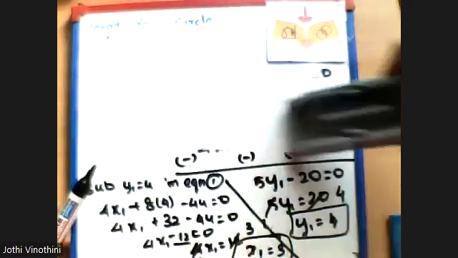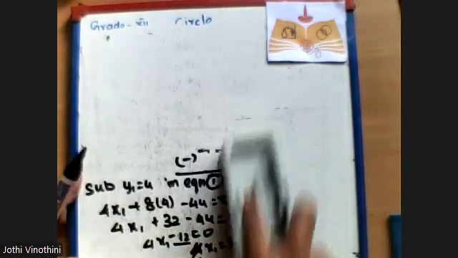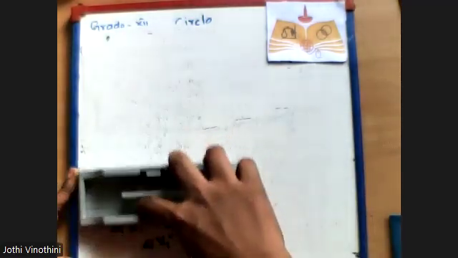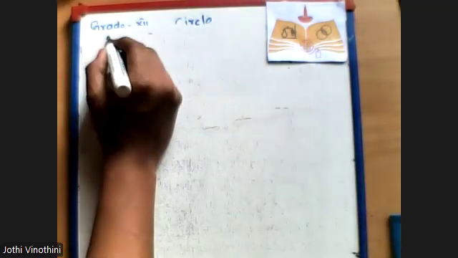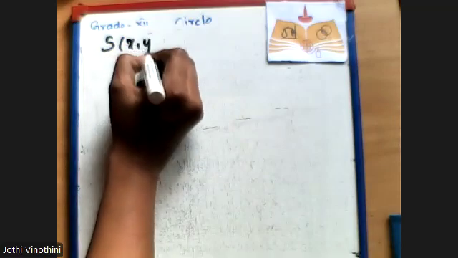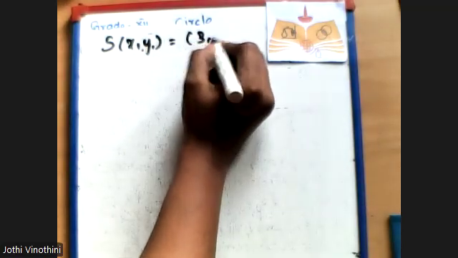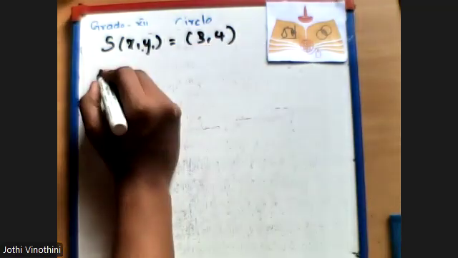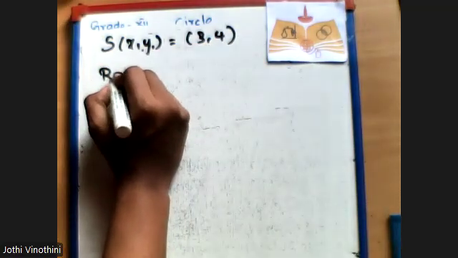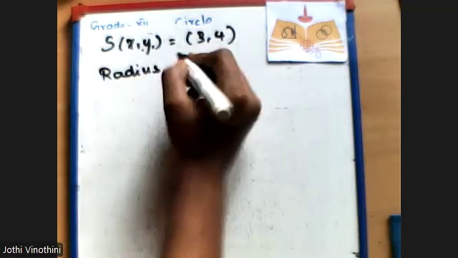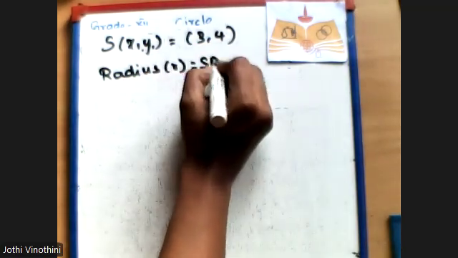Now we have the center, right? We have to find the radius and we will sub those things in the common equation of a circle and we will find the equation of the circle, right? Here the center will be x1, y1 and this is 3, 4. Now we are going to find the radius, which is equal to SA.